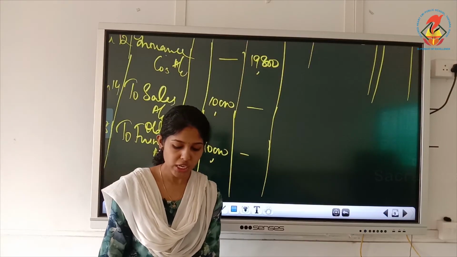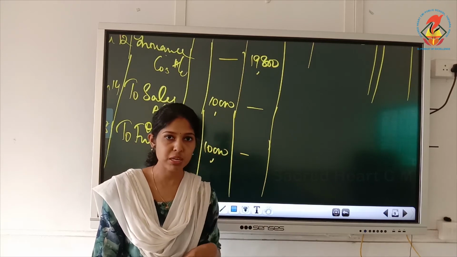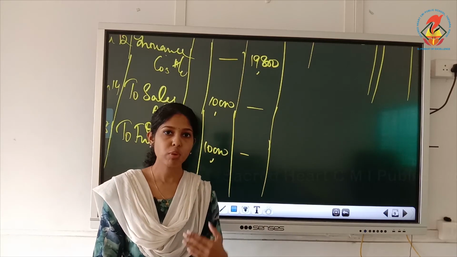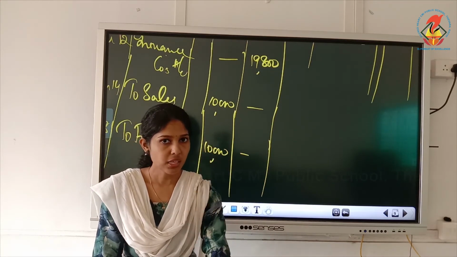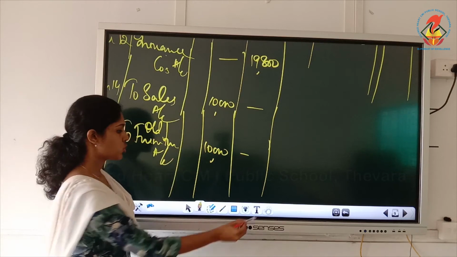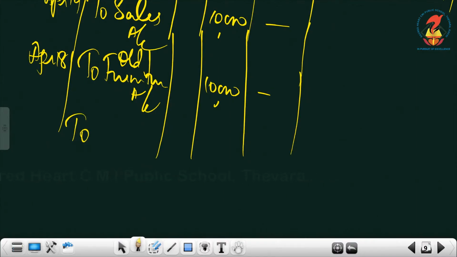The next one is paid into bank check of Neeraj along with cash. You remember the check you received on April 14th? Now on April 20th we are depositing it into bank. So what is the entry? It will be bank account debited to check in hand account. Don't write Neeraj. We discussed similar transactions before.